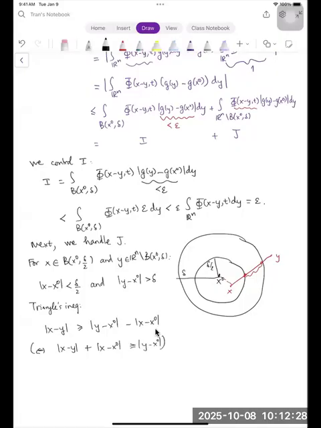That's the triangle inequality. So this gives you the fact that x minus y is greater than or equal to delta over 2. So the distance is big enough. It's bigger than a fixed number, delta over 2.